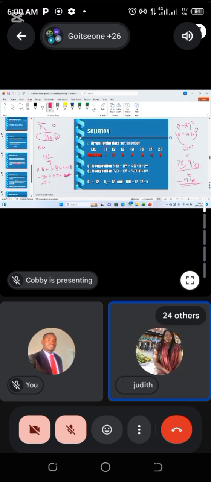It's not 3.4, it's negative 3.4, because we are removing a larger number from a smaller number.